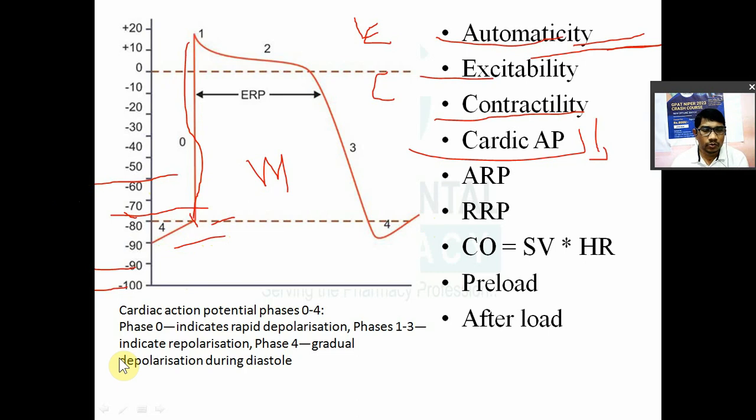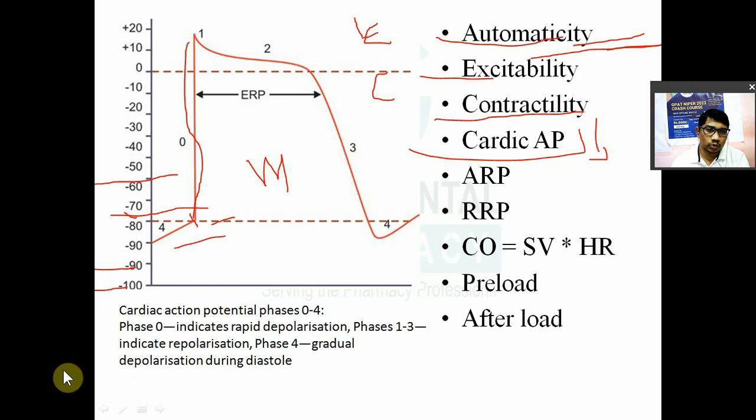That is known as the threshold potential: a level of intracellular negativity at which there is an abrupt entry of sodium ions.